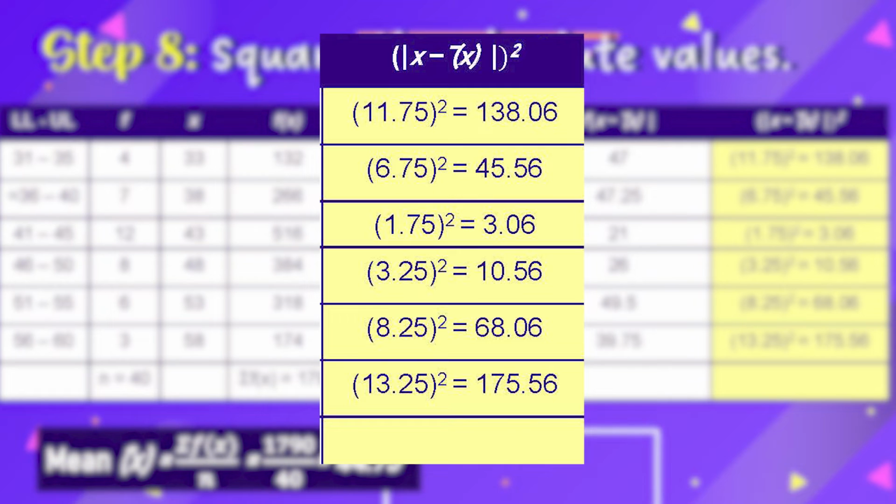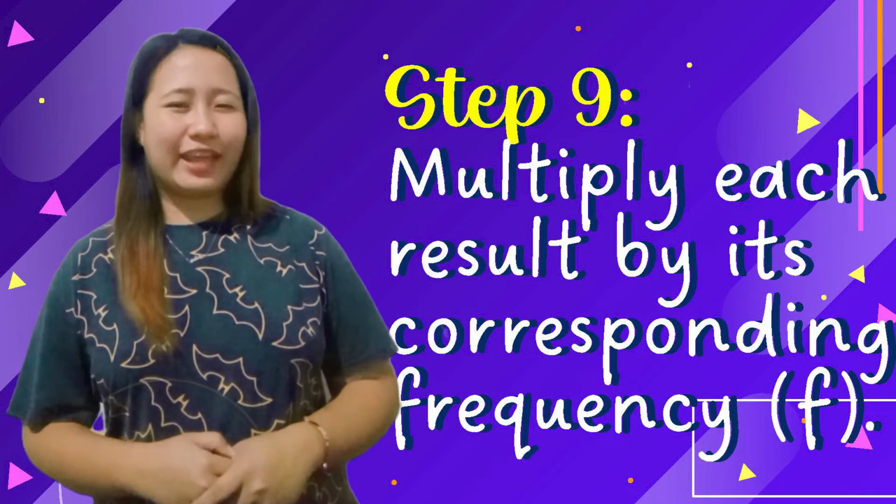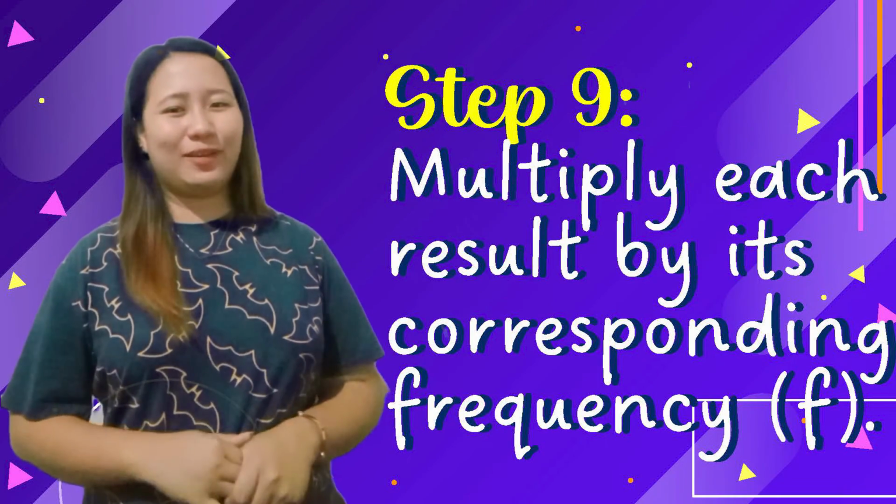Next, we have 3.25 squared gives 10.56. Next, we have 8.25 squared gives 68.06. And lastly, we have 13.25 squared gives 175.56.